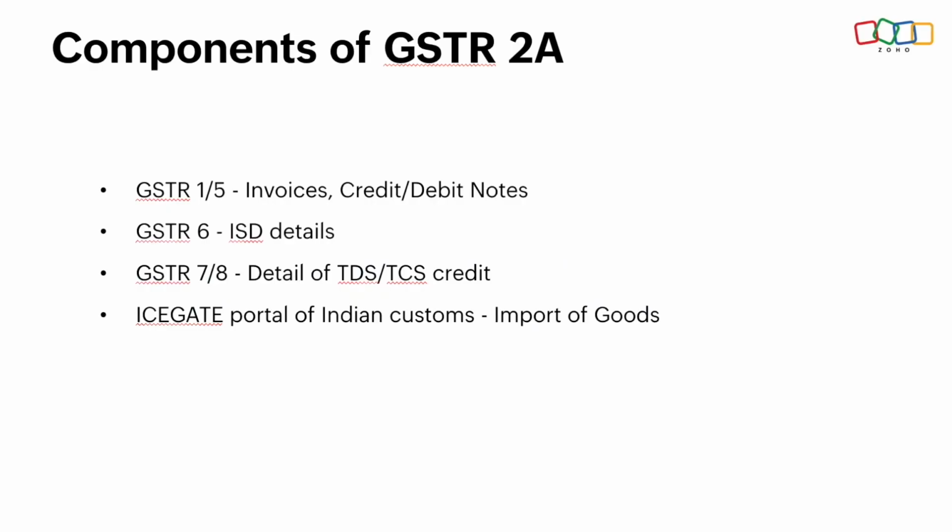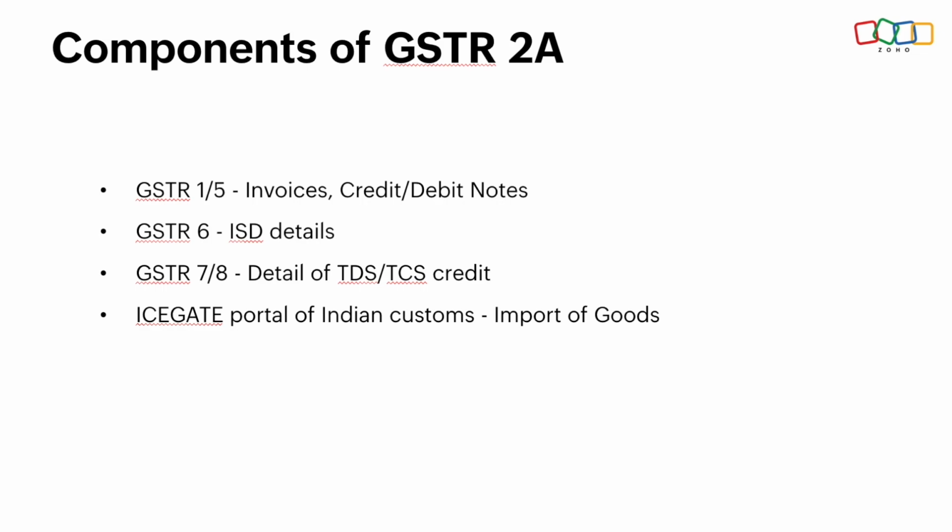What are the components from where this GSTR-2A is being derived, from which returns? So basically this is derived from the GSTR-1 and 5, and what are the transactions fetched here would be invoices, credit and debit notes. The input service distributor details will be available from the GSTR-6 filing.